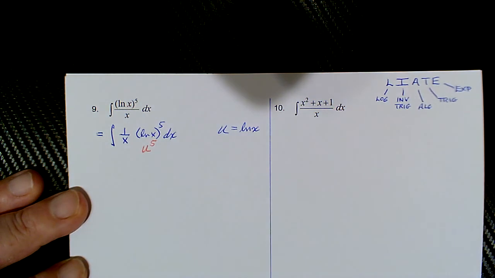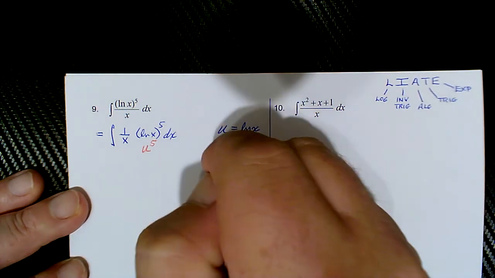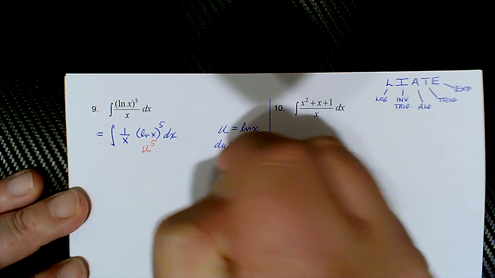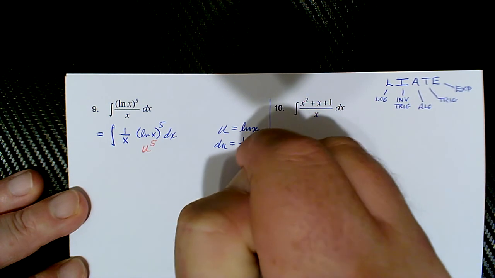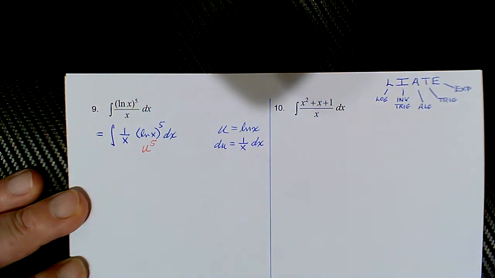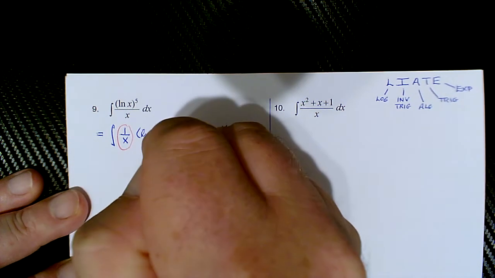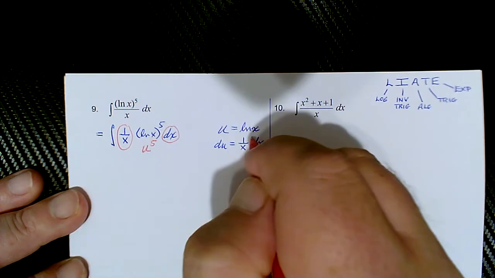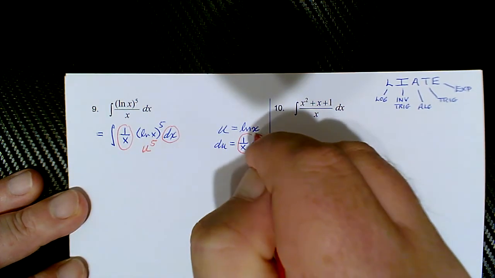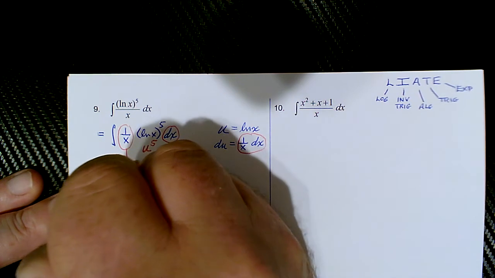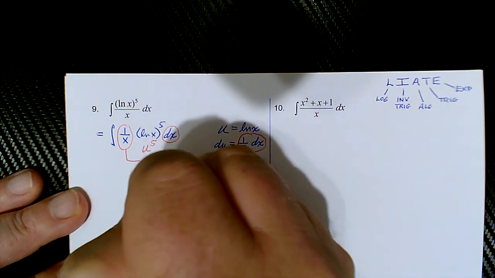And so, calculating the du, it's 1 over x times the differential dx. There's no modification by a constant multiple necessary. And we can see that the leftover factors, the 1 over x combined with the differential dx, identically do make up our du. So we could replace those by du.